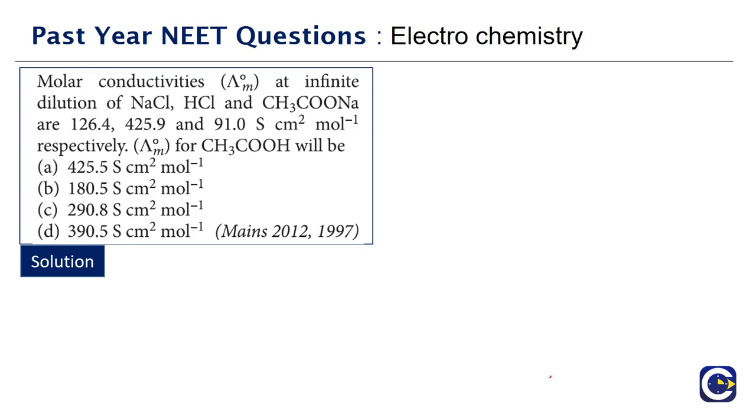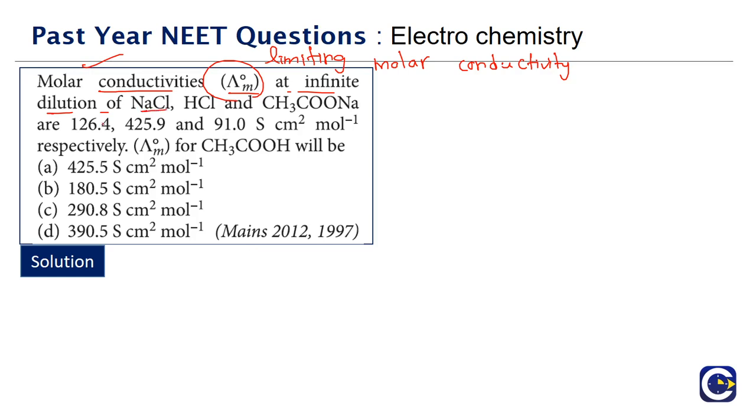In Kohlrausch law based problems, you will always have a question like this. The molar conductivity is lambda m naught at infinite dilution. This is the limiting molar conductivity. Lambda m naught means the limiting molar conductivity at infinite dilution.